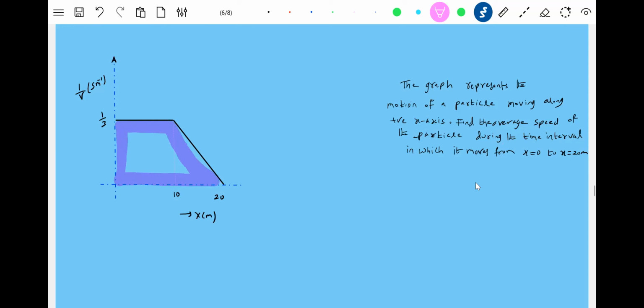Average velocity is asked. And look at the axis, what we have. 1 by v versus 1 by x. So first we'll see velocity is what? X by t. T equal to x by v, or x into 1 by v.